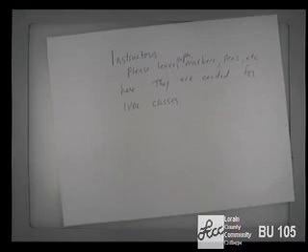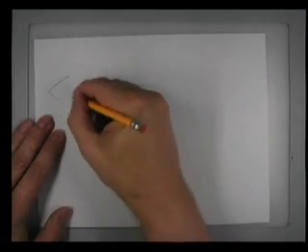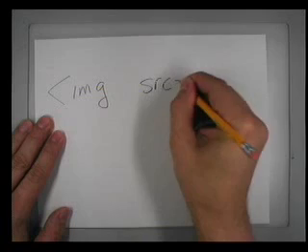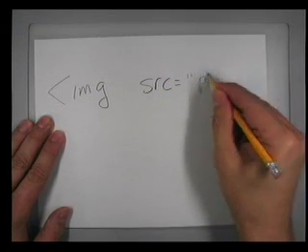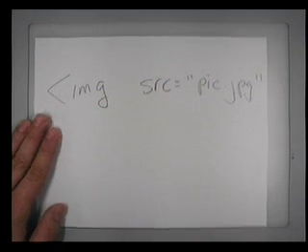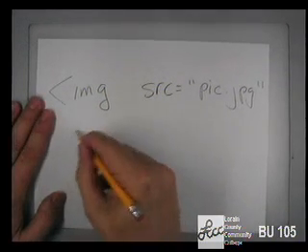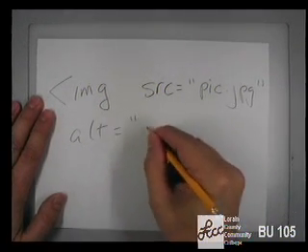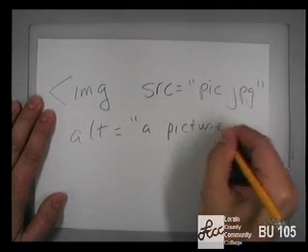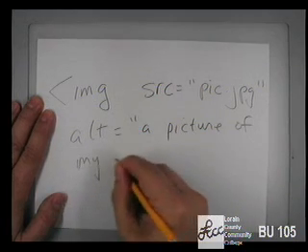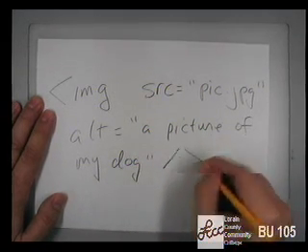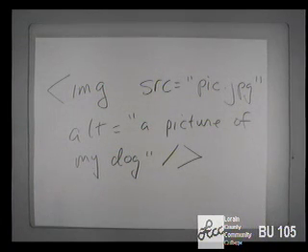All right? Just to remind you what an alt attribute on an image is: when you have an image tag, the two attributes that you always need are the source attribute, to specify the file that contains the image that you want to show, and an alt attribute that gives a brief text explanation of what the image is of.